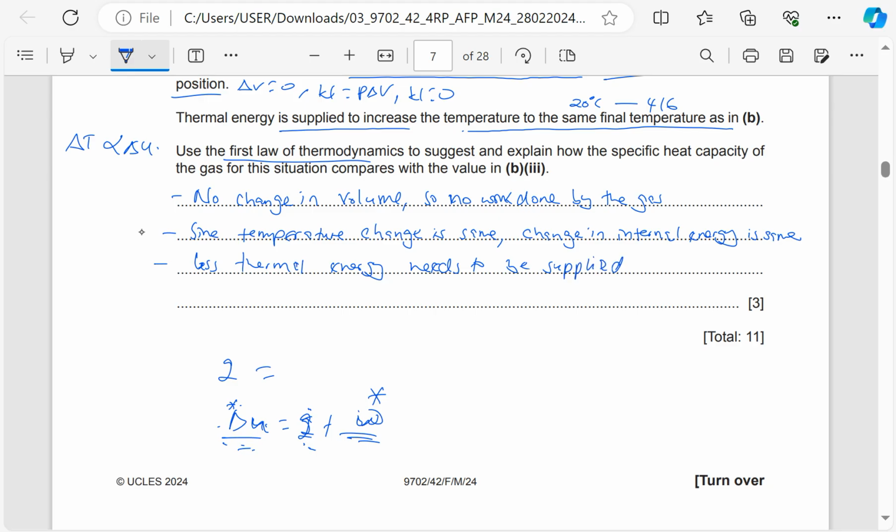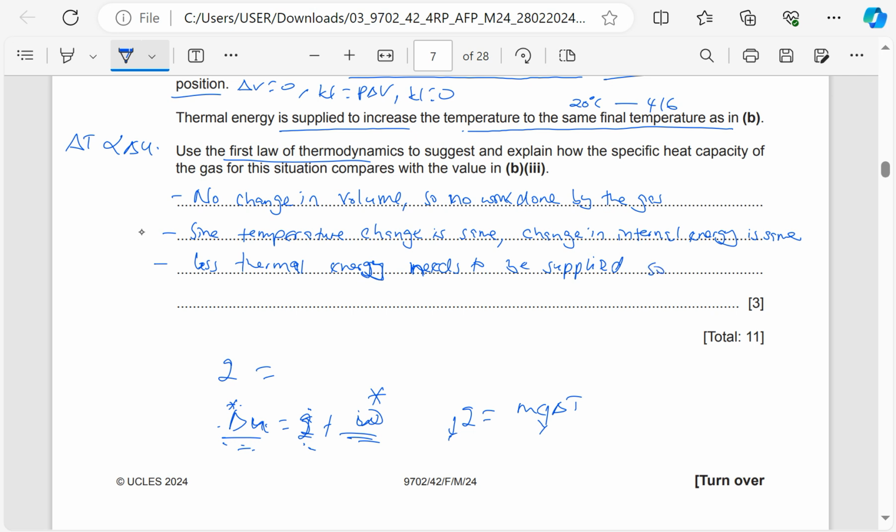There is less thermal energy needed here because the energy is only going to change internal energy, and yet the change in internal energy was the same as the previous case. So less thermal energy needs to be supplied, and from Q is equal to MC delta T, since less Q is supplied, it means also the specific capacity is going to be less.